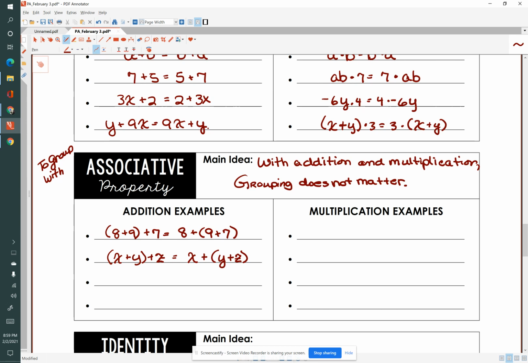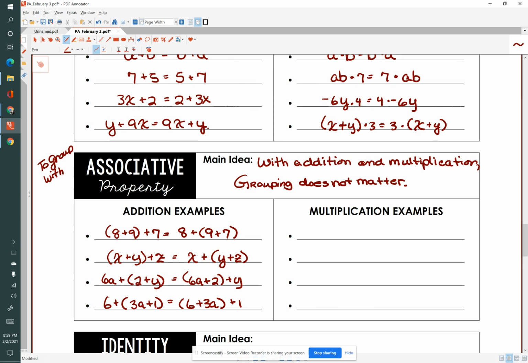Or even with a combination of numbers and variables, we could have, for example, 6a plus the quantity of 2 plus y, or we could have the quantity of 6a plus 2, and then that is added to y. And finally, we could have 6 plus the quantity of 3a plus 1, and that would equal the quantity of 6 plus 3a, to which 1 is added.